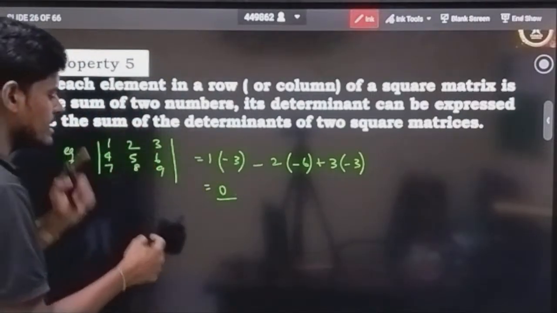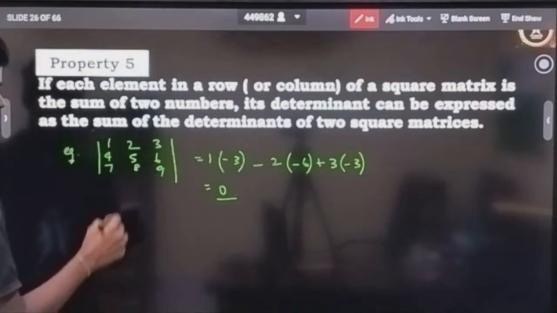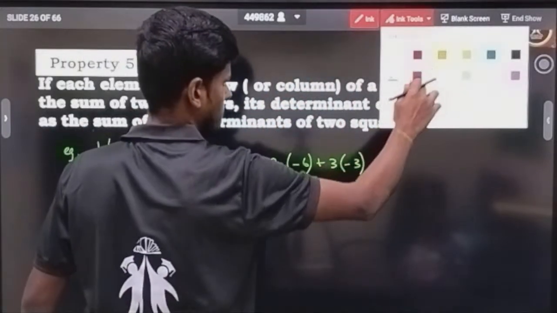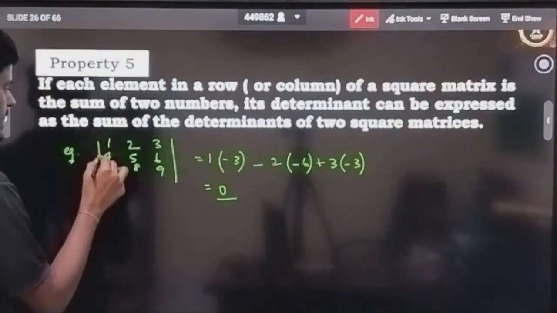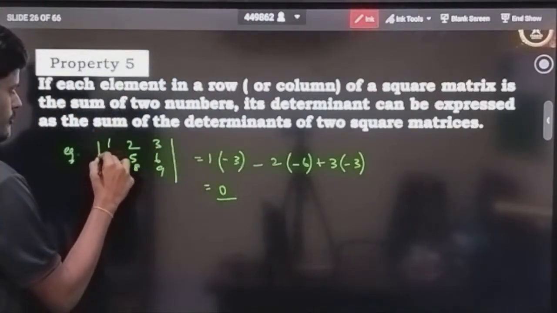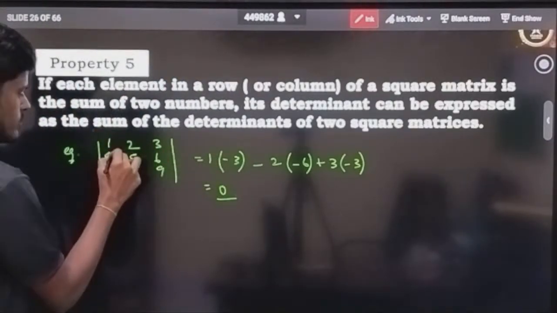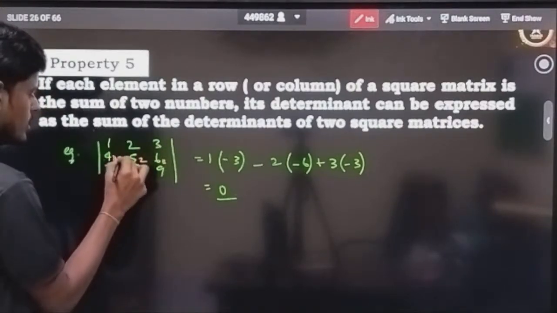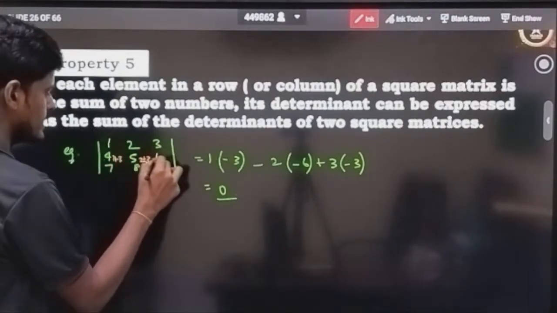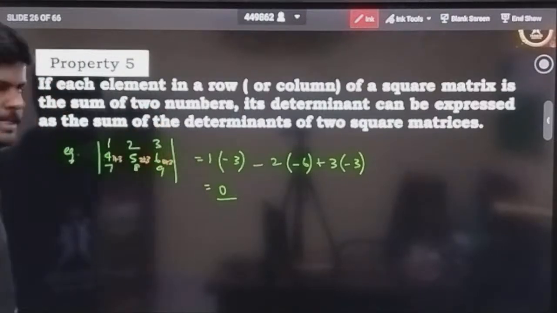Now we will try to split this determinant into two parts. We can write the elements 4, 5, 6 in terms of 1, 2, 3, as 1 plus 3, 2 plus 3 and 3 plus 3.